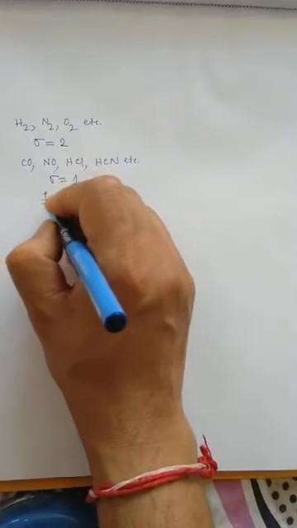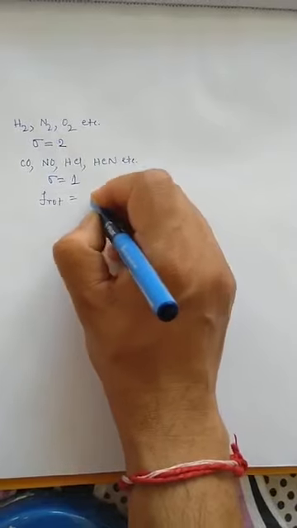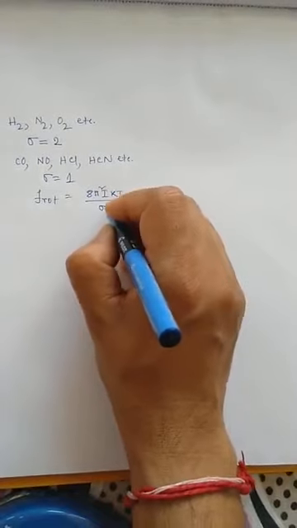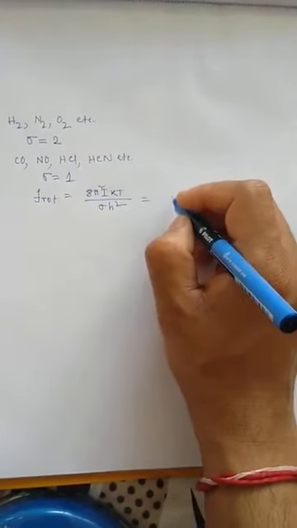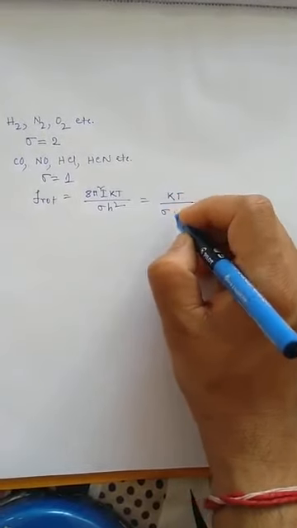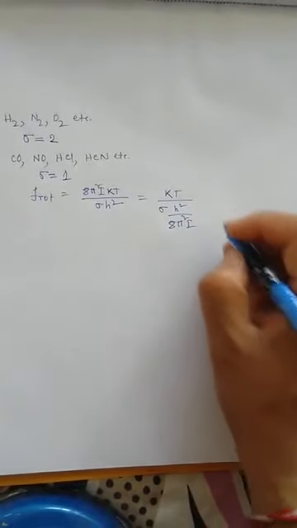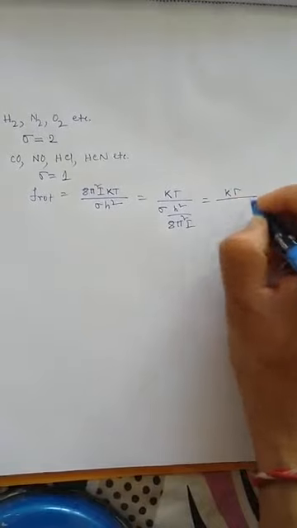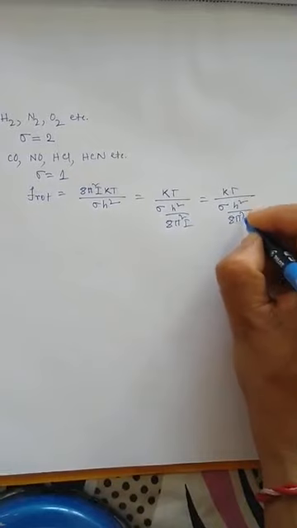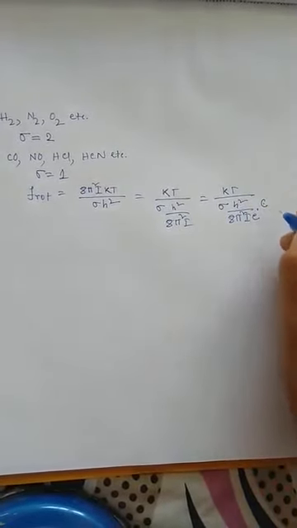So finally f rotational equals, I write the whole thing, 8 pi square I kT by sigma into h square. I can arrange this a little bit. Take kT here and sigma, and then h square by 8 pi square I, multiplied by c here, divided by c here.